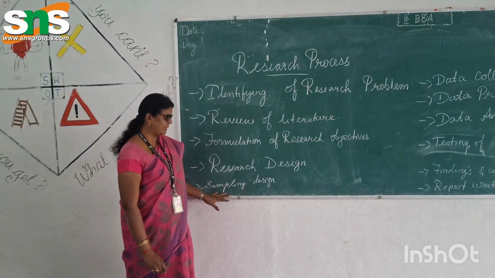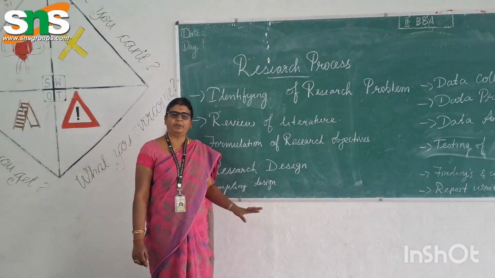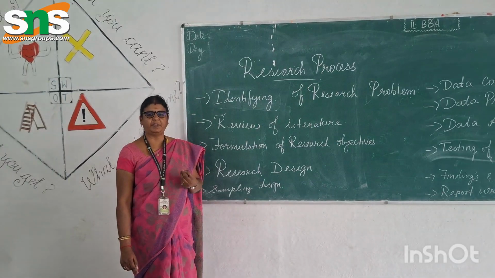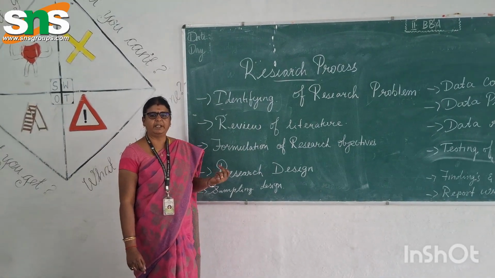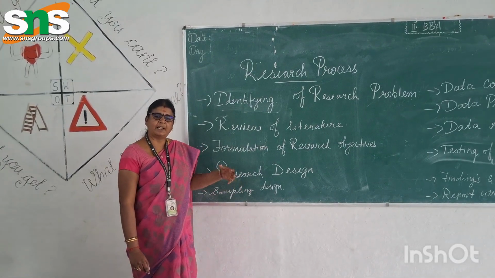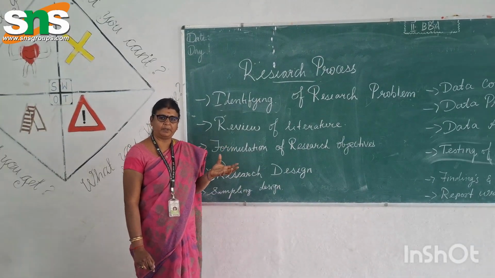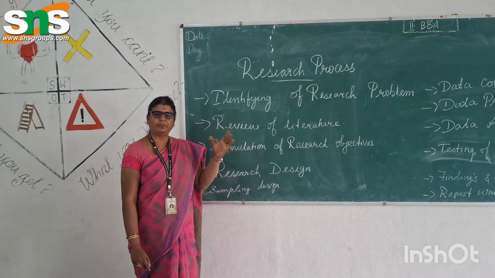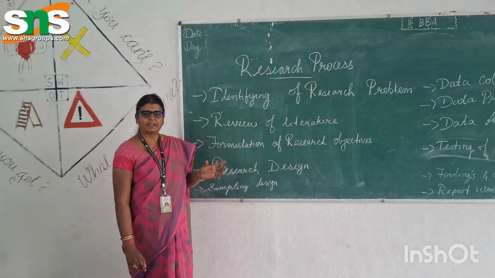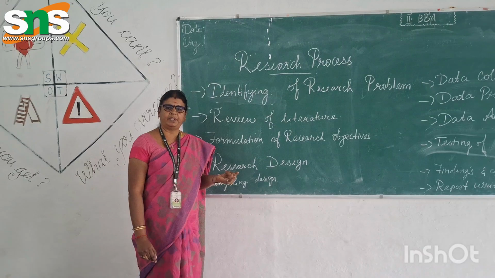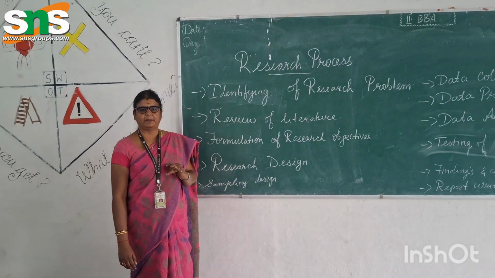The next one is the sampling design. We already know about sampling. Sampling is nothing but a small piece of the whole. Here we have to calculate the total population, and from the population we take a sample. There are two types of sampling: probability sampling and non-probability sampling.